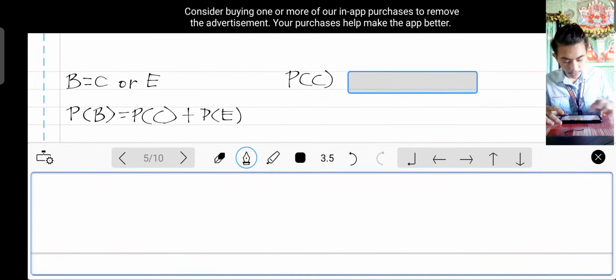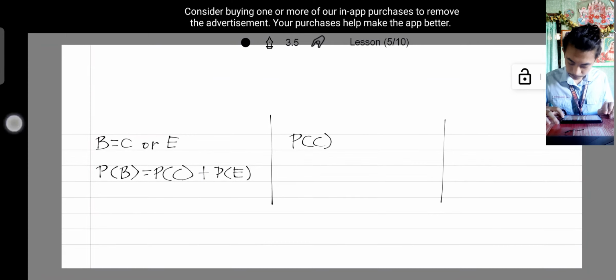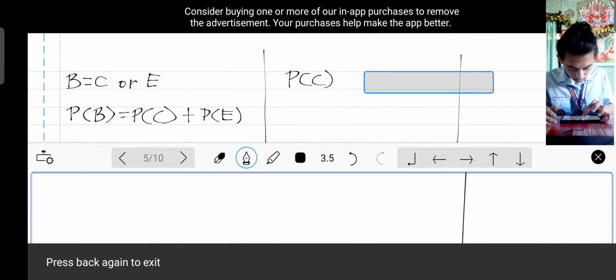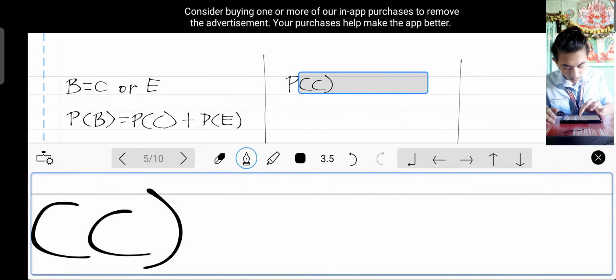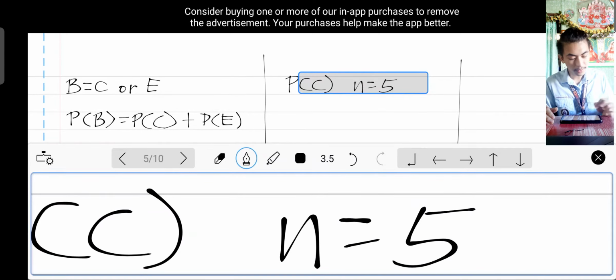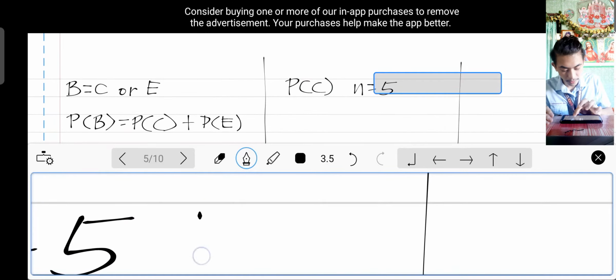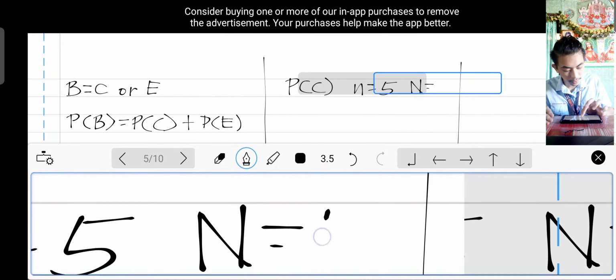Our n for this problem is 5 civil engineering students, and we have N which is equal to 58.